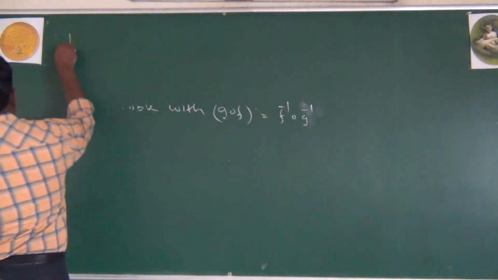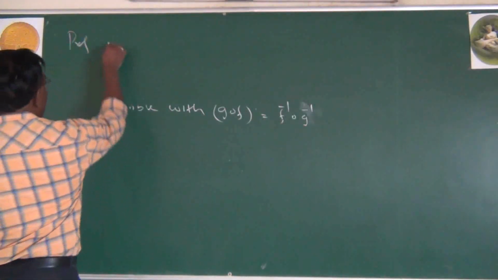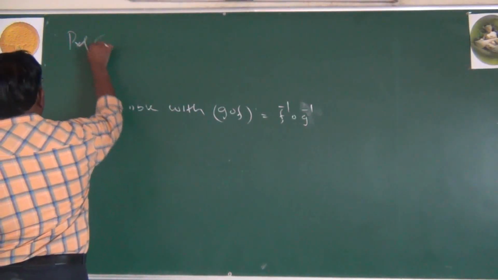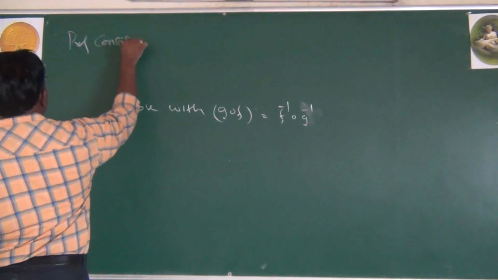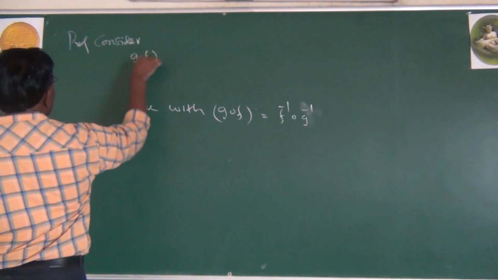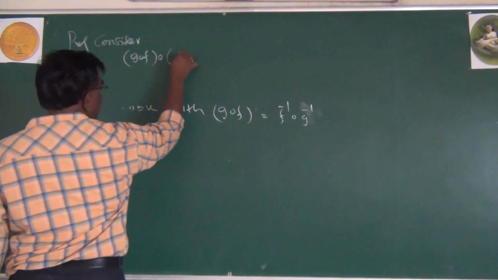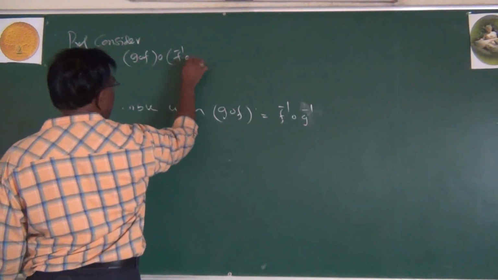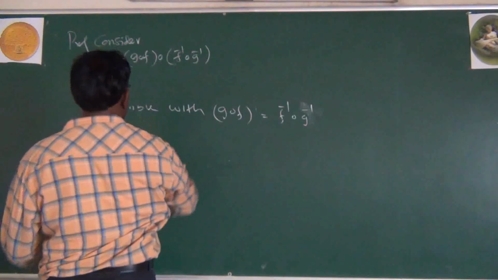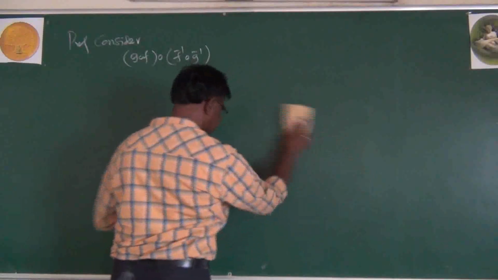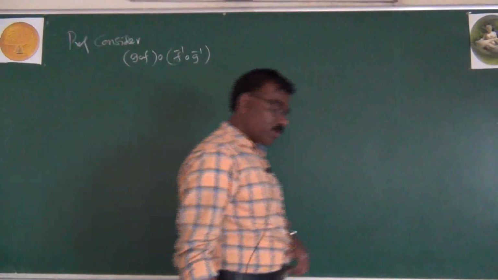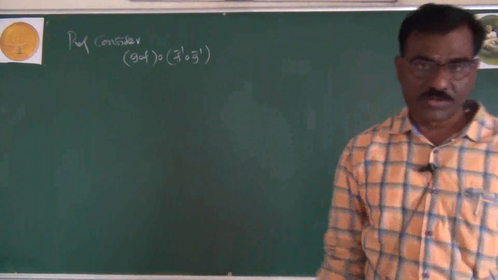Now the proof, very simple. Consider g∘f composed with f inverse composition g inverse. When these two are multiplied, it must be the identity function.